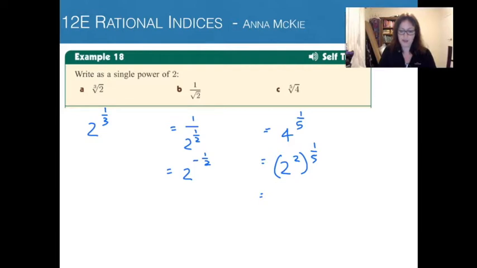And then our index laws tell us that we multiply those numbers together. You're multiplying the indices essentially, so it's 2 to the power of 2/5. It's not, in case you're tempted, 2 to the power of 2 to the power of a 5th. That's not correct. They're sort of on the same level, if you like, the 2 and the 5th.